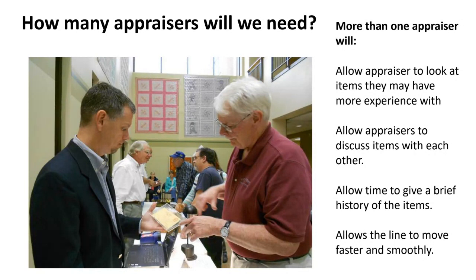The more old vintage photographs, Mr. Mullins is far beyond his years in his experience with those. The things you find in the barns and things that are handed down through family, they each specialize, but then it gives them a chance to talk about the history of each item that they're given, and it allows the line to move a little bit smoother.